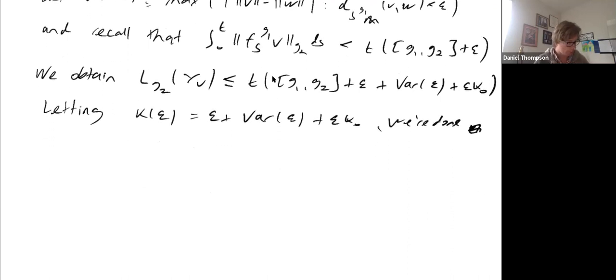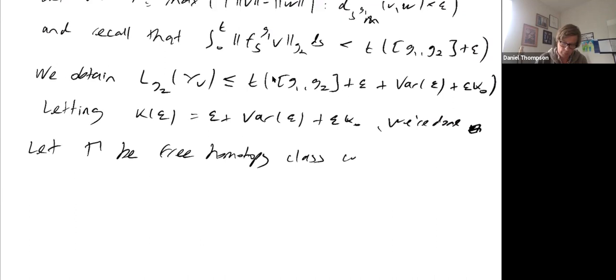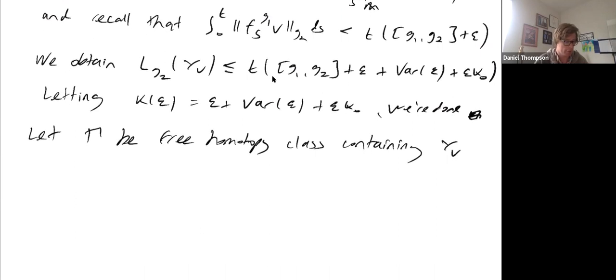Okay, we're getting to the punchline. Okay, I need one more geometry fact. Let gamma be a free homotopy class containing gamma V. Okay, this is another real negative curvature fact.